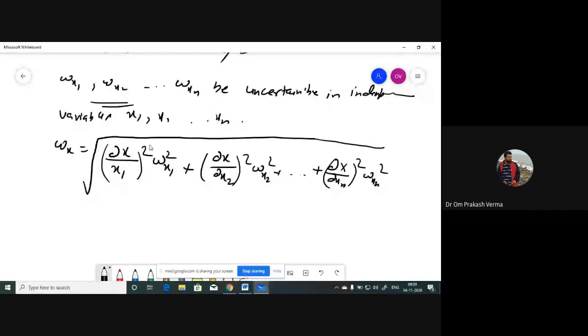So let's say we have a numerical. This question was again asked in the GATE exam. A certain resistor has a voltage drop of 110.2 volt and a current of 5.3 ampere.